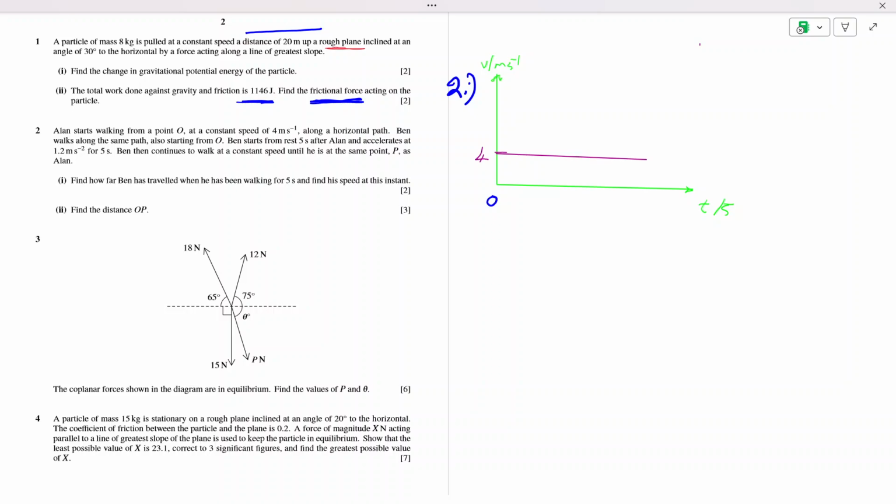Ben also starts from the same point O, but Ben starts from rest 5 seconds after Alan has already left, and accelerates at 1.2 meters per second squared for 5 seconds. So we know that Ben is increasing his speed for 5 seconds. I'm going to mark here 5 seconds, for when t is 5 seconds, Ben is increasing his speed.